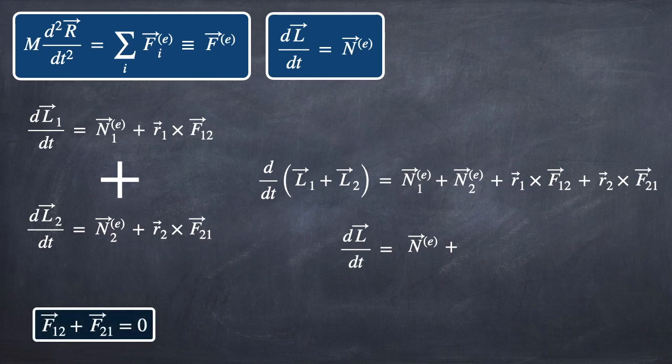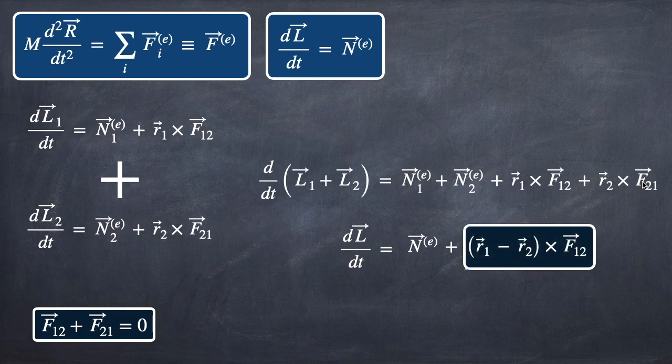And then we are going to consider the weak law of action and reaction that we just showed is true, that F12 plus F21 is equal to 0. Then F21 is the negative of F12, and these two terms we can write as R1 minus R2 in a cross product with F12, because we wrote F21 as the negative of F12.